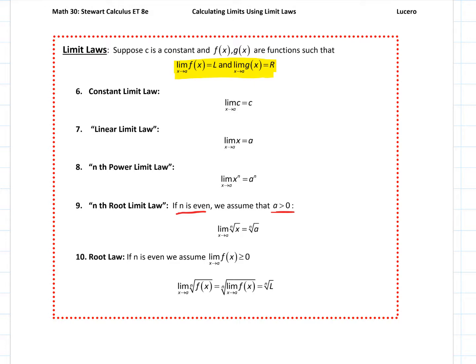And we can even apply this if we have an actual function, and the function is greater than 0 if n is even, again being careful with the domain of even roots. If we take the limit of the nth root of f of x, that's the same as taking the nth root of the limit of the function, which we said above was equal to L. So that would be the nth root of L.